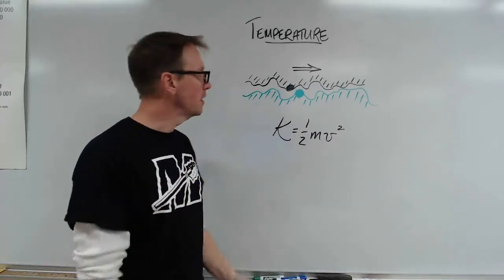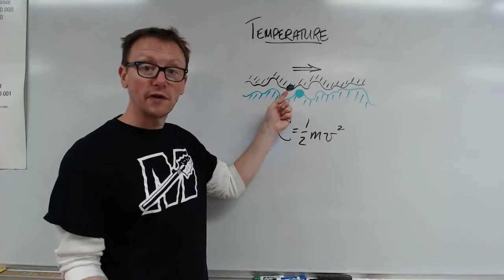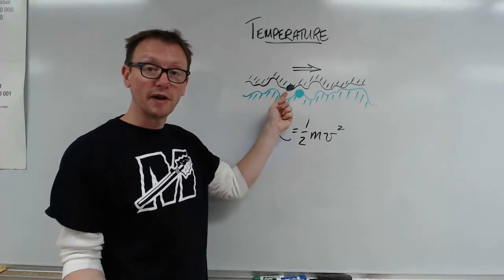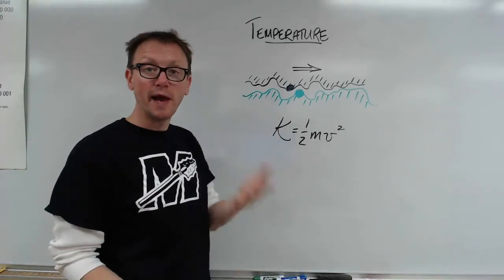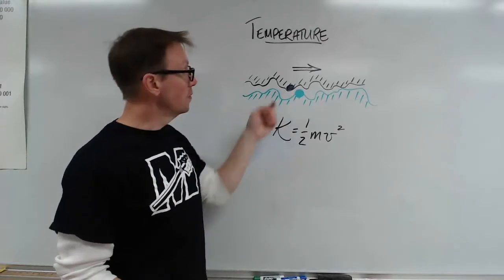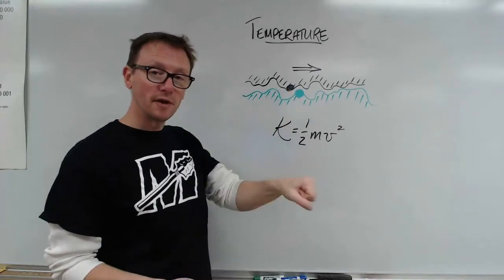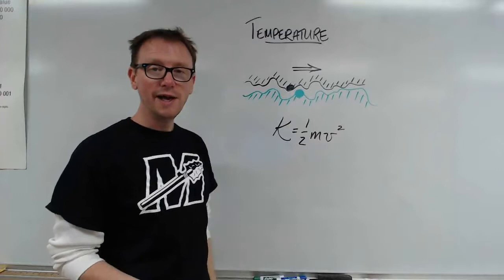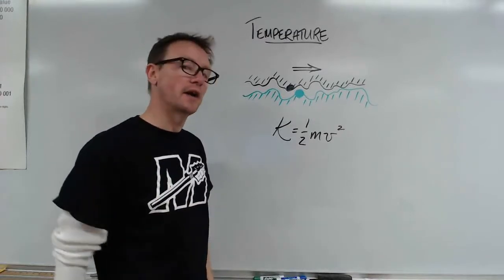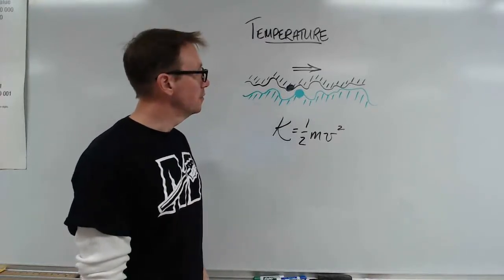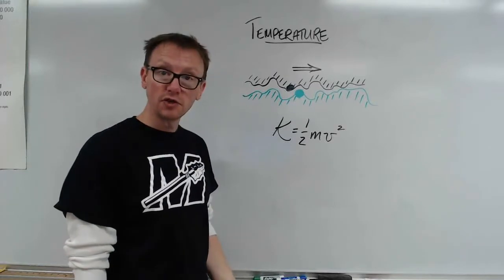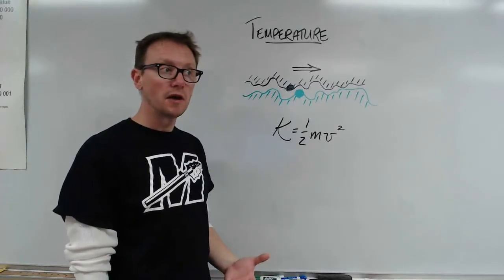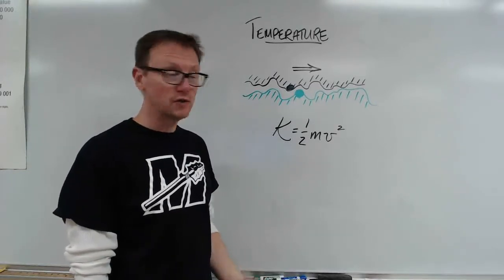And when it collides with it, we have the same kind of collisions that we've been talking about in our past unit on momentum. So this black particle applies an impulse to the green particle, and the green particle applies an impulse back to the black. And so their motions change, probably their vibrations change, things like that.